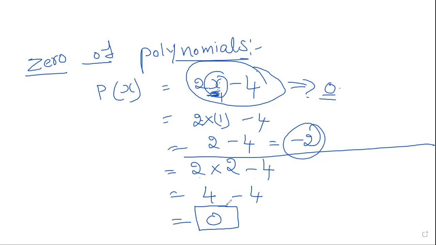So for which value did we get 0? When x is 2. Okay, children? The value of x which makes the polynomial 0: the value 2 makes the polynomial 0. We call it the zero of the polynomial.